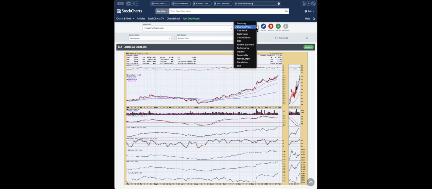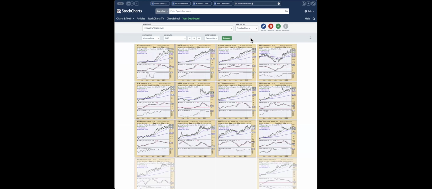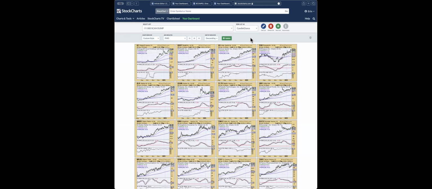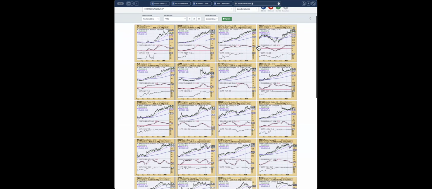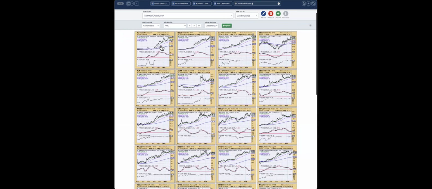One of the things you can do is CandleGlance, and this is just critical to use. I mean, this is one of the most powerful tools, I think, on stockcharts.com, being able to use CandleGlance to look at a bunch of charts on one page. So we do have a lot of charts.